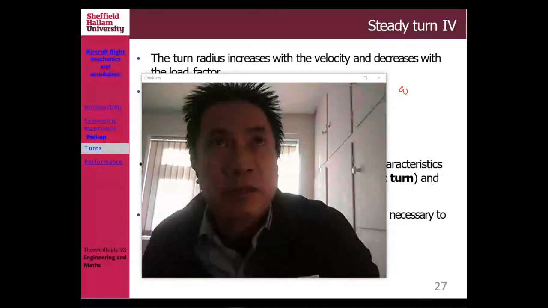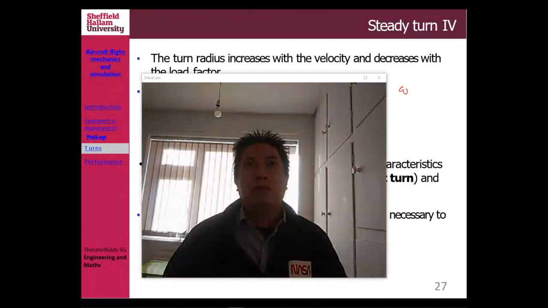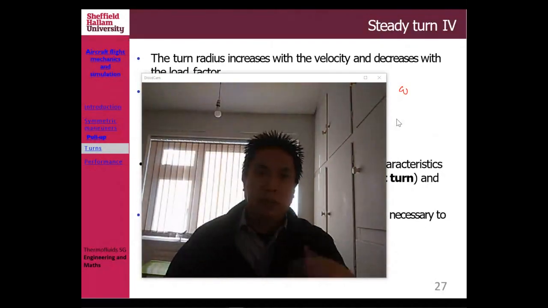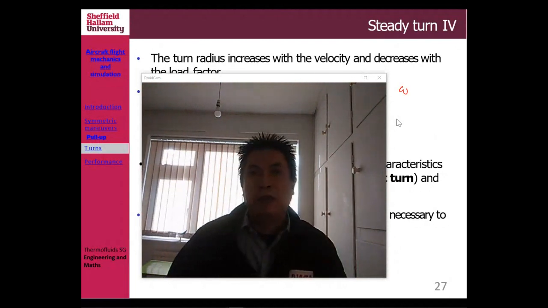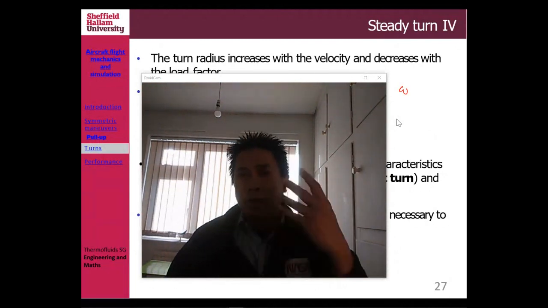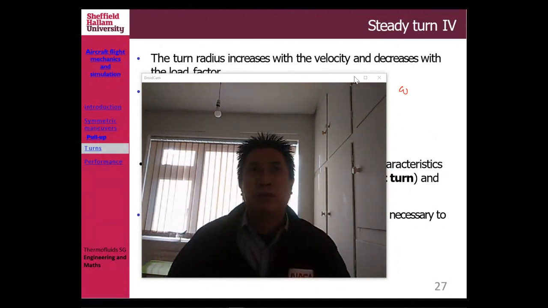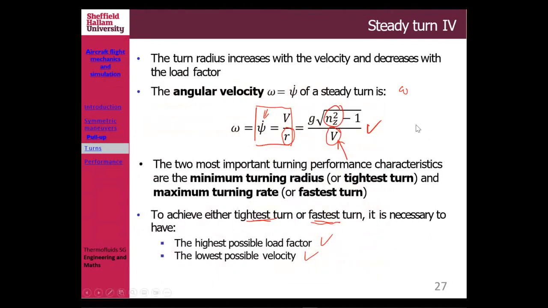So I hope that is the difference between what you would do if you are a fighter pilot or an aerobatic airplane pilot compared to what you would do if you are a commercial passenger aircraft pilot, because the objectives are different.